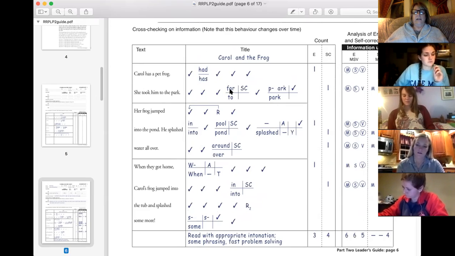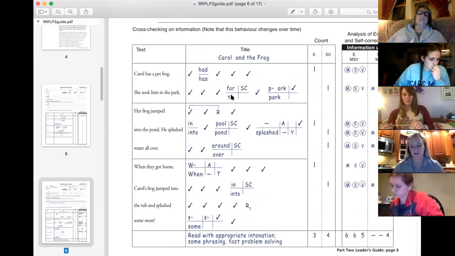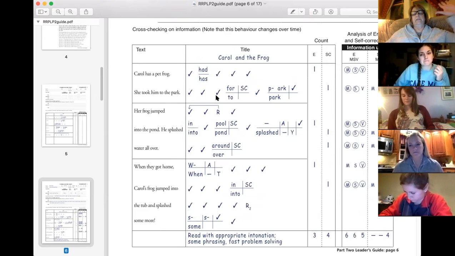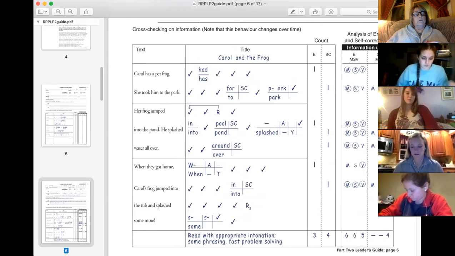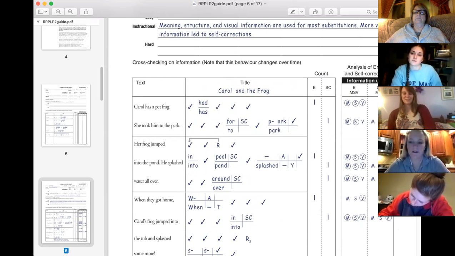I think it was 2. I just put structure. Yeah, I would too. But if you had the book, you see him taking him into the park. My gut is structure, but again, I'll take meaning for that. Everything else I had the same, so it was just that one. Okay.